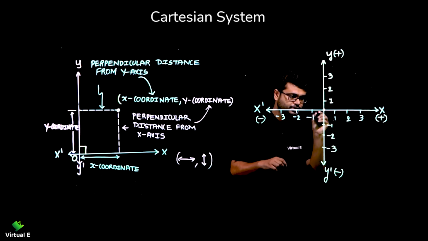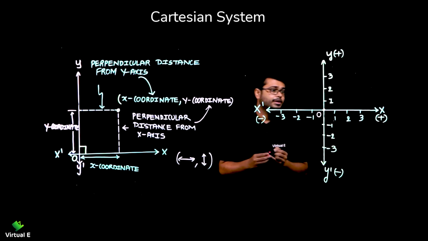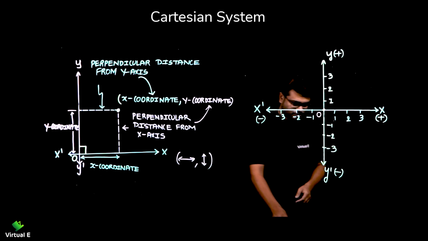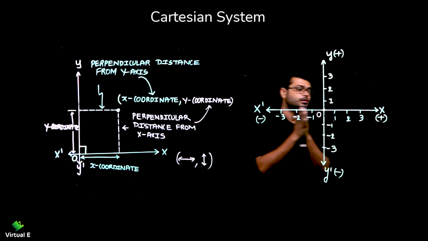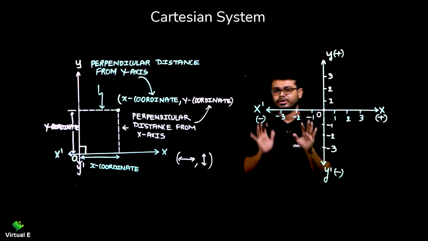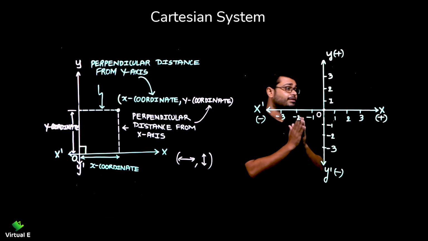So this is origin O, right? Now, if we want to compare this with this, we can find the location of any point. That we will discuss later.